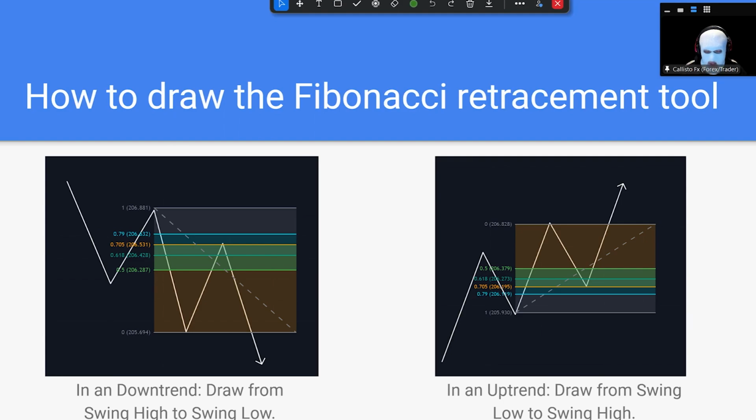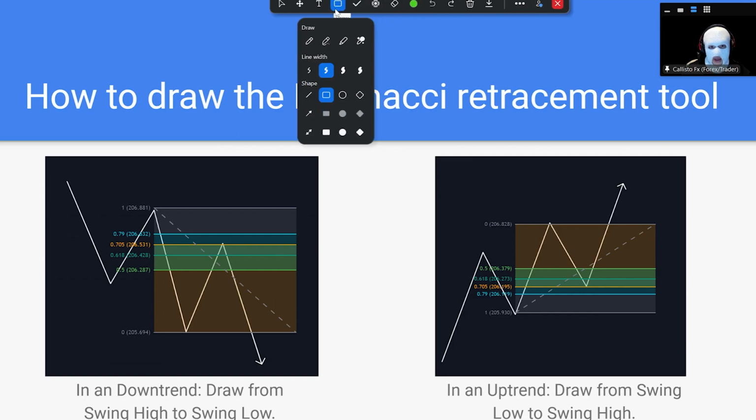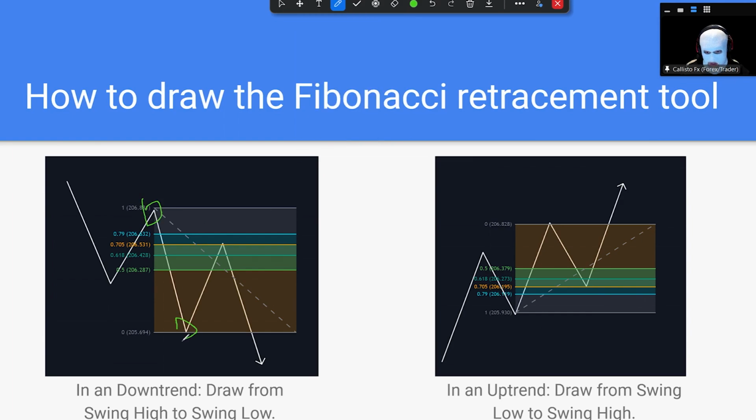You don't want to be using them in a range because when you use them in a range, more than likely, price will tend to break out of the Fibonacci zone that you've drawn anyways because price is going up and down, it's playing ping pong. So for a bearish market or in a downtrend, you will normally see what? Higher highs, higher lows, right? And when you see lower highs and lower lows, let's see over here, you can see lower highs, lower lows, lower highs, lower lows.